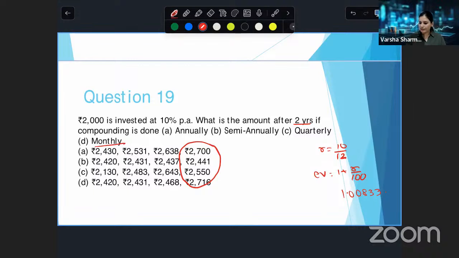Now raise this to the power 24. 2440.78. Yes or no? Option B. Agree? So option B is correct. If everyone would have been sane, I would have calculated.